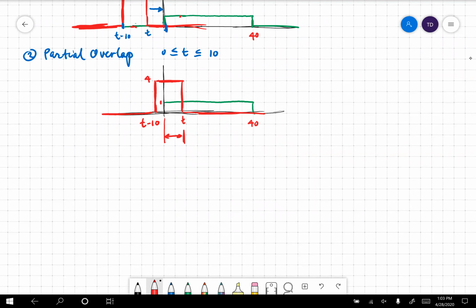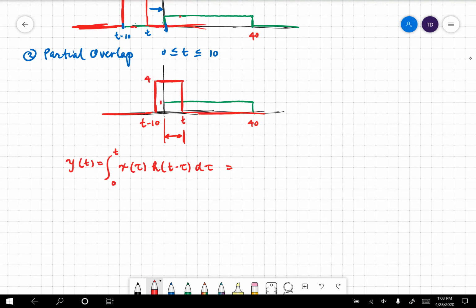These are easy functions. So this is going to be equal to, in this region, the integral from 0 to time t of x of tau, h of t minus tau, d tau.